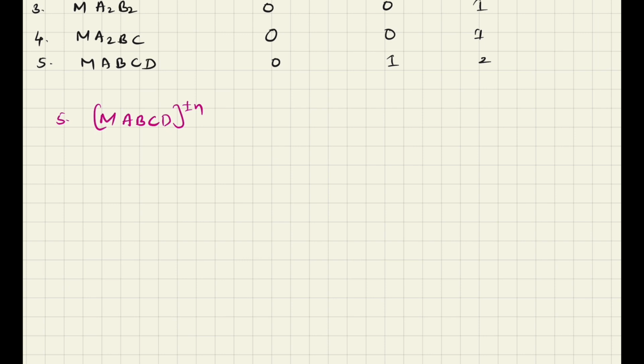I am explaining that with an example. MABCD, four different ligands A, B, C, D. Now place the different ligands A, B, C, D at different corners. Now we check whether a plane of symmetry is present from any side. I am taking one side here, but you have to check all sides.